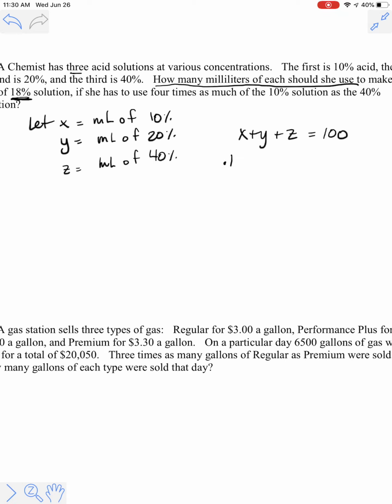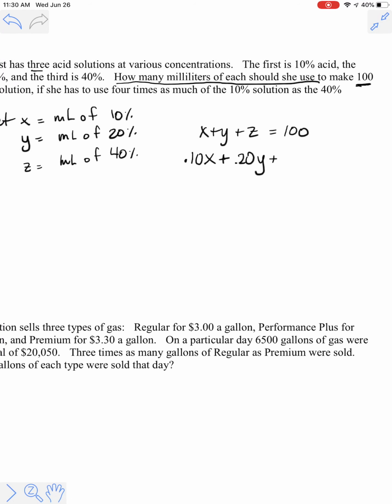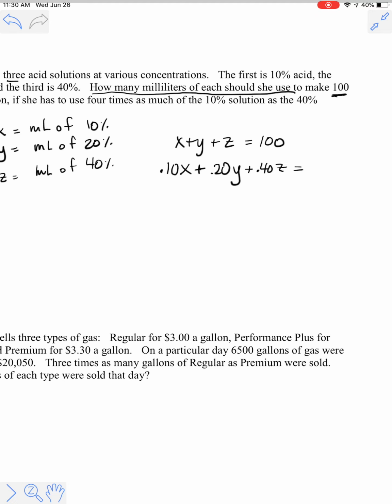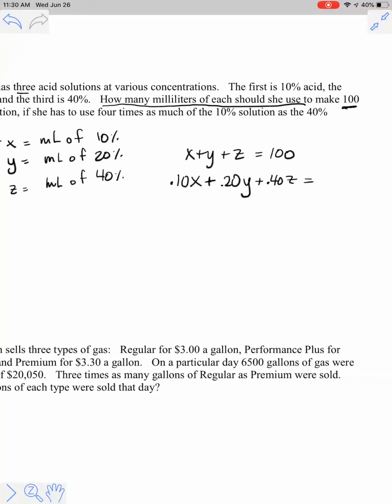The first solution is 10% concentrated, so it's 10% multiplied by the number of milliliters used. The next solution is 20% concentrated, so it's 20% multiplied by the number of milliliters used there. And now the third solution is 40% concentrated, so it's 40% multiplied by the number of milliliters used. And we know that it needs to be an 18% concentrated solution.